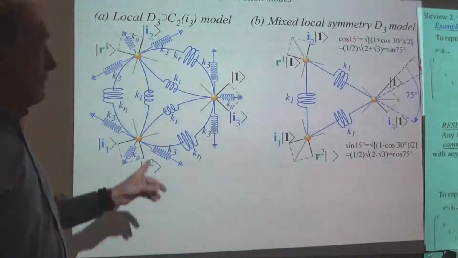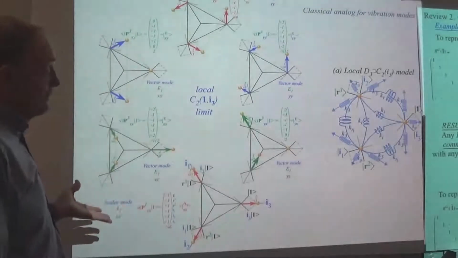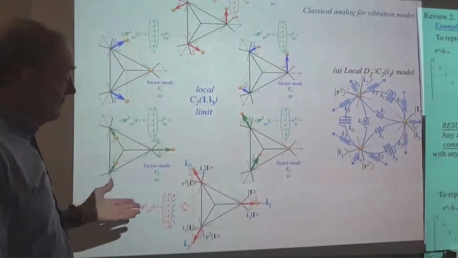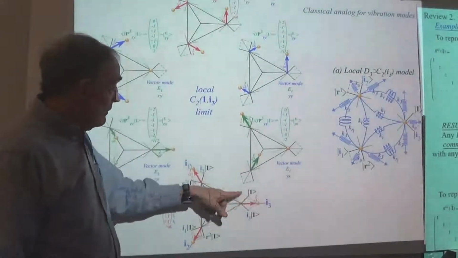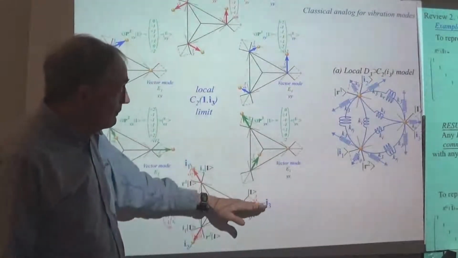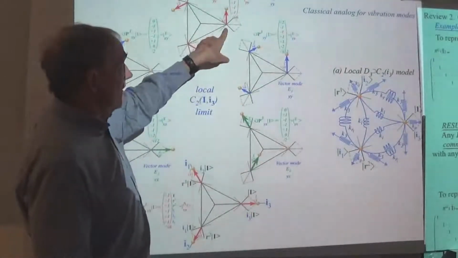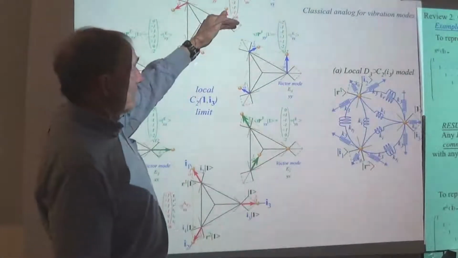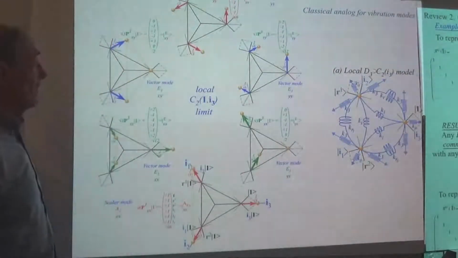Now, we're going to be doing the same thing with vibrations. Now global and local symmetry is very obvious. That's local and global, right? They're all the same, okay? But they're also reflection symmetric. This guy's perpendicular. That's anti-symmetric with respect to turning around that horizontal plane or axis, okay?